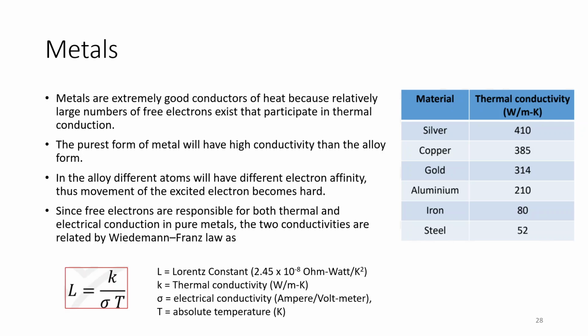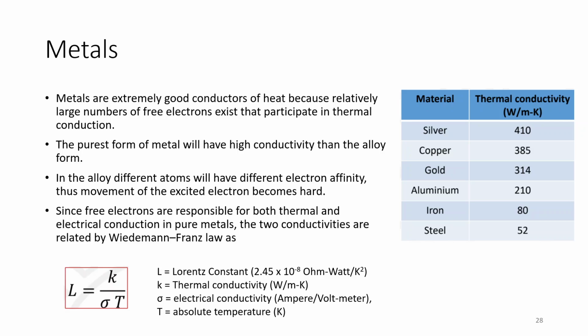Small k is the thermal conductivity in watt per meter Kelvin. Sigma is the electrical conductivity in ampere per volt meter, and capital T is the absolute temperature in Kelvin.